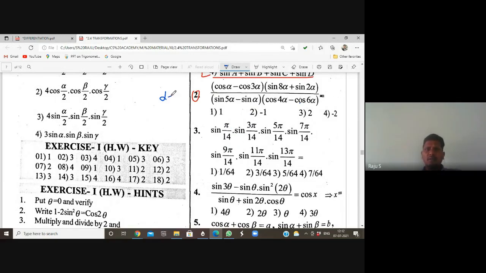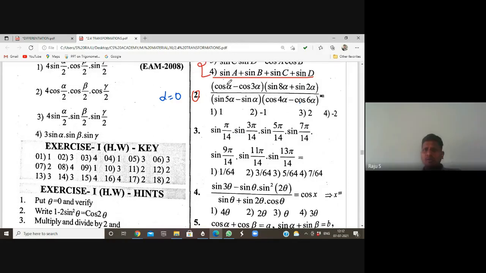What alpha do you want to take? 0 degrees. When you take 0, this is 0, and you are going to get undefined, 0 by 0. Here sin 0 is 0, 0 minus 0 is 0, and something by 0.